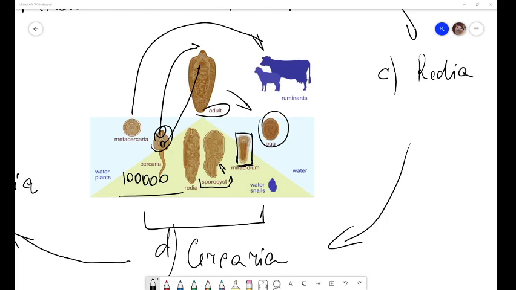What are the clinical manifestations of Fasciola hepatica? The majority of infected people have low worm burdens and do not manifest any significant chronic symptoms. That is most cases of fasciolosis.